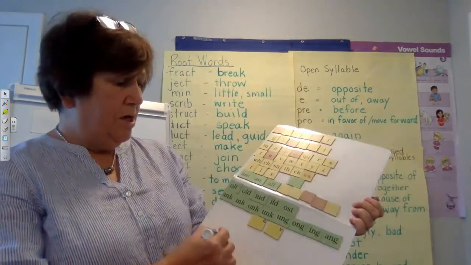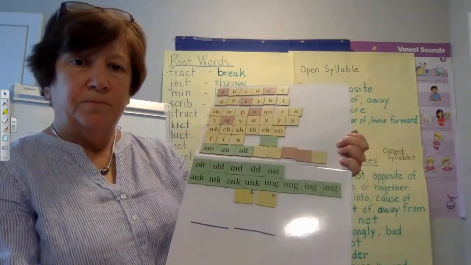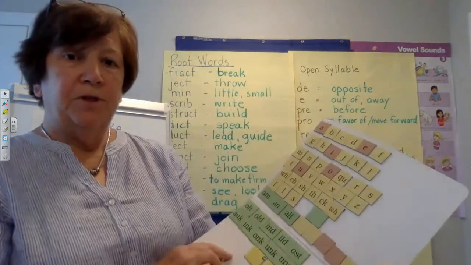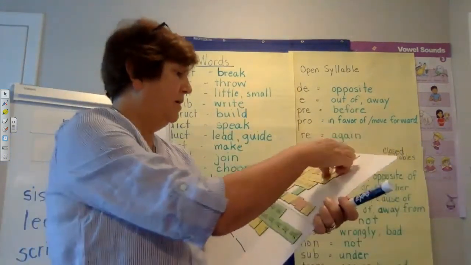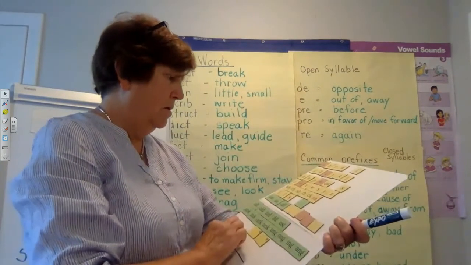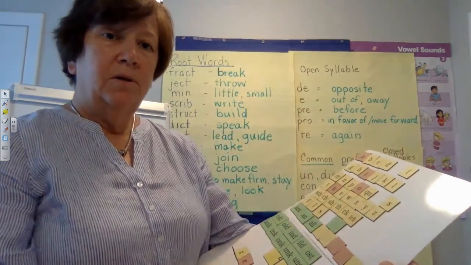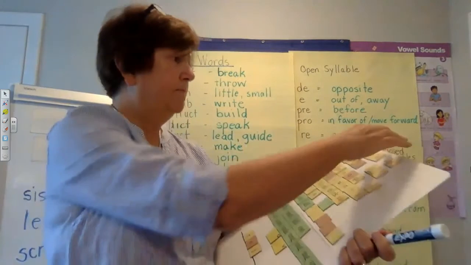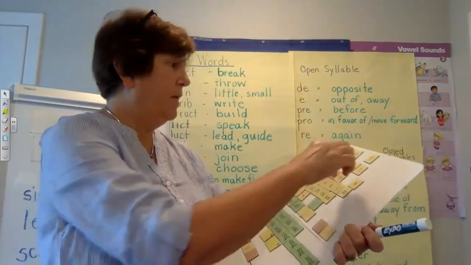I hear two syllables. So go ahead, and the first syllable would be our prefix re. Go ahead and pull down the tiles for that. Second syllable, ject. Good. Go ahead and pull down the tiles for that. Oops, and if you need an extra E, you're going to use a blank.